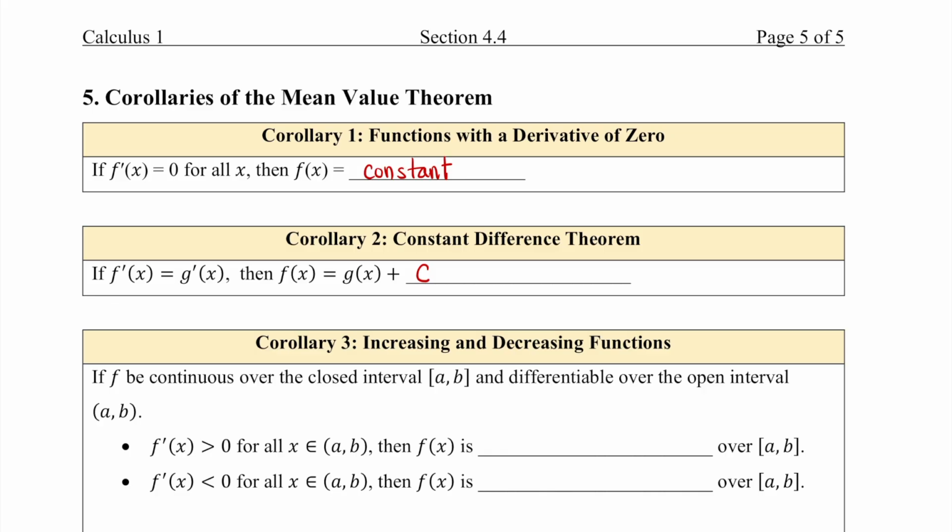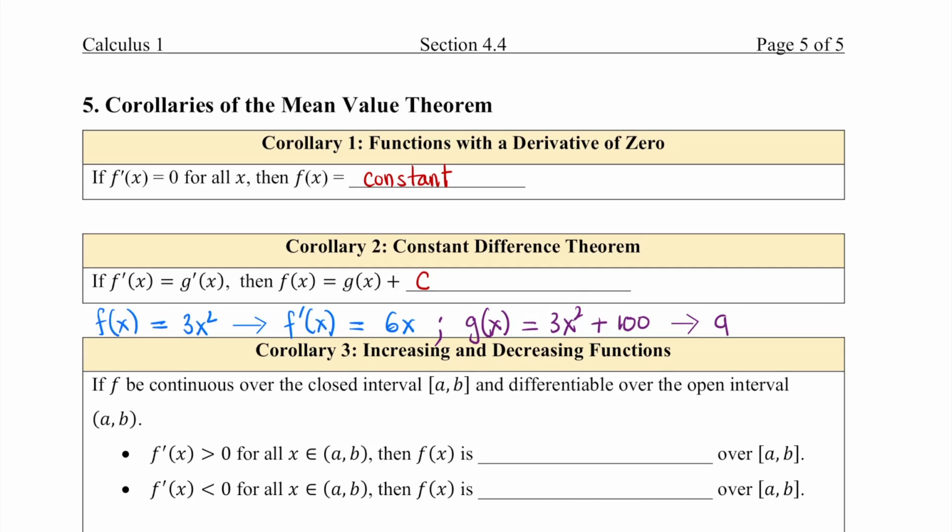For example, if f of x equals 3x squared, then the derivative f prime of x equals 6x. If g of x equals 3x squared plus 100, then g prime is also 6x.